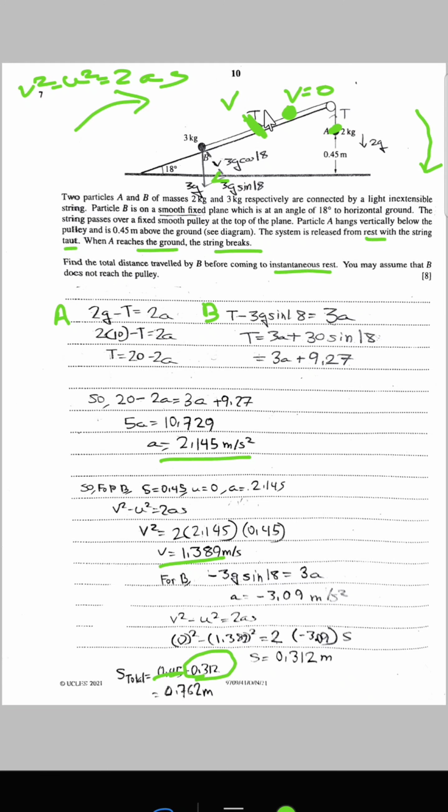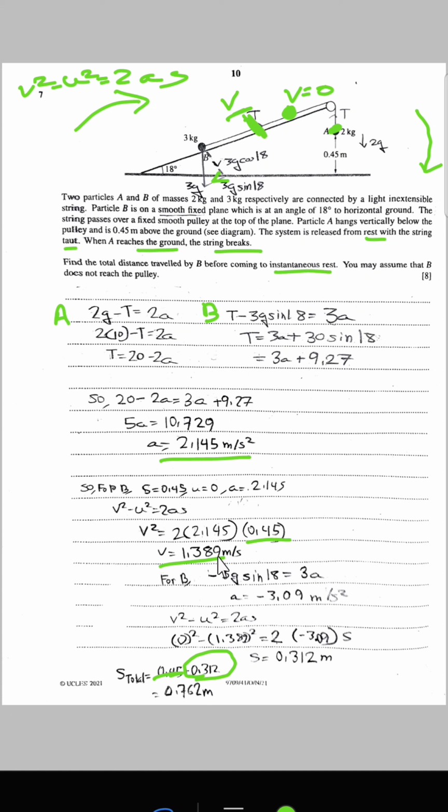After it is released, it comes to rest, but when they are connected, v has some value. So v square minus u square, initially at rest so u is 0, is equal to 2as. We know that the distance is 0.45 meter as they are connected, so the value of v is 1.389 meter per second.